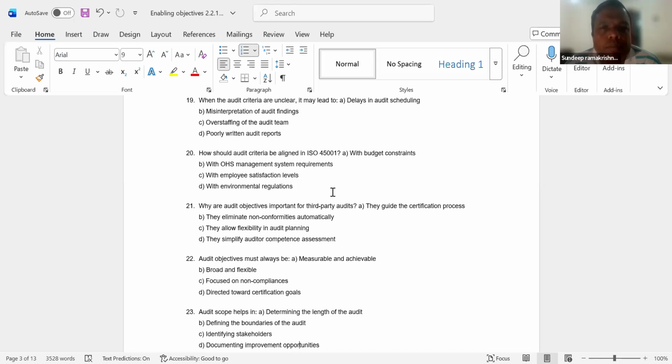It may lead to delay in scheduling, misinterpretation of findings. Both are equally good. Why? Because I am asking, when the audit criteria is not clear, how will we schedule the audit, sir? There has to be exact clarity in what the criteria is.